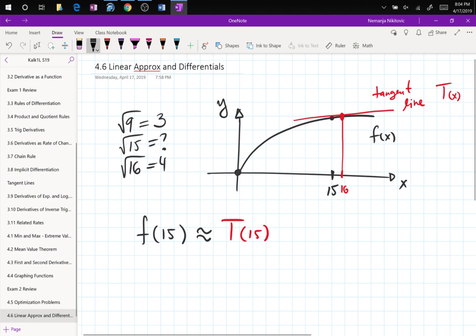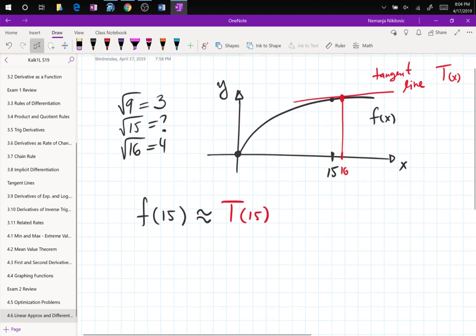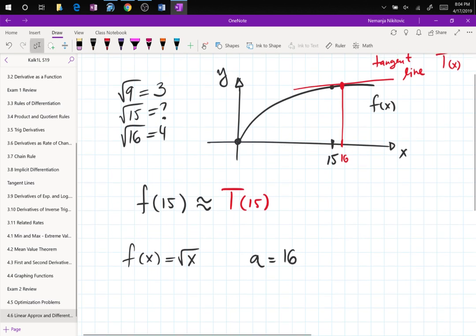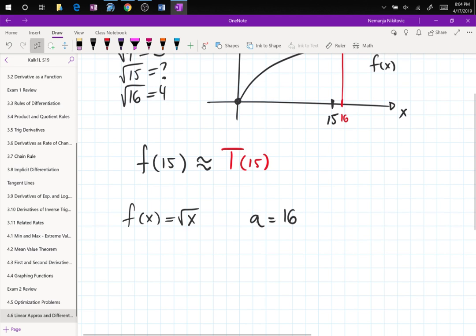So what do we have? We take a look at our f of x, which is the square root of x, and we say a is equal to 16, because our point of interest is 15. And we now find the tangent line. To find the tangent line, you remember that you are supposed to find the derivative, which is 1 over 2 root x.